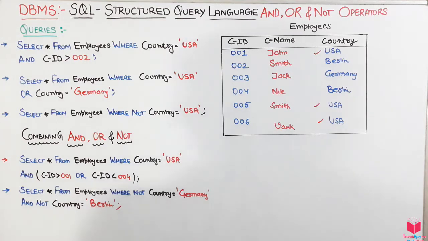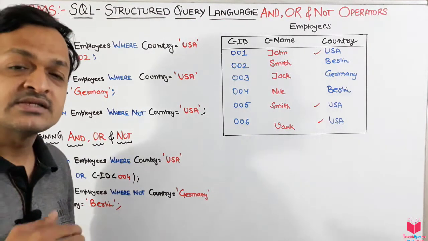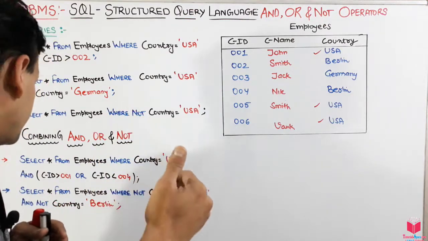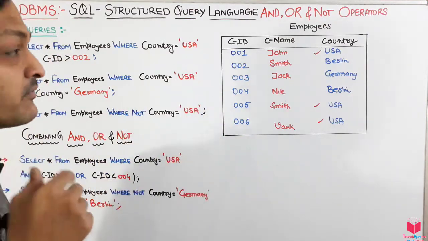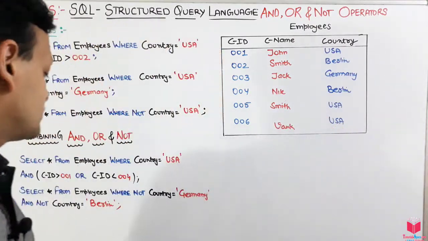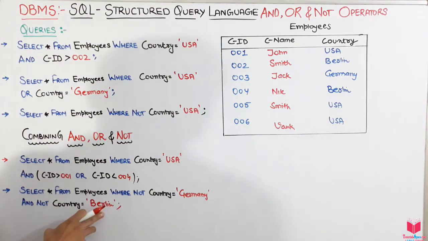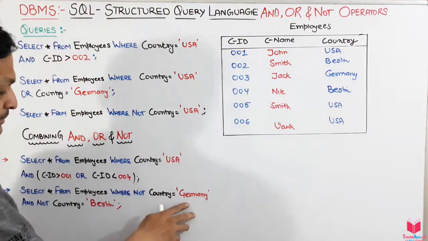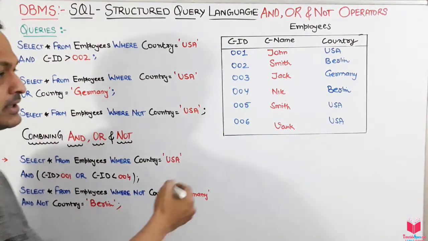Next is select star from employees where not country is equal to Germany and not country is equal to Berlin. We have to select all those countries which are not Germany and not Berlin. So we will not select Germany and Berlin. Let's see the output. USA is not part of Germany or Berlin, so we will take it.